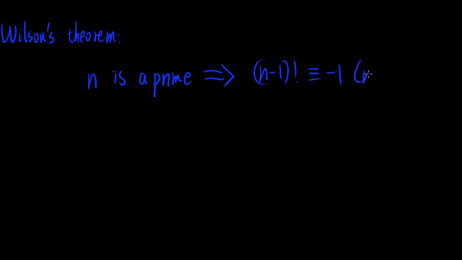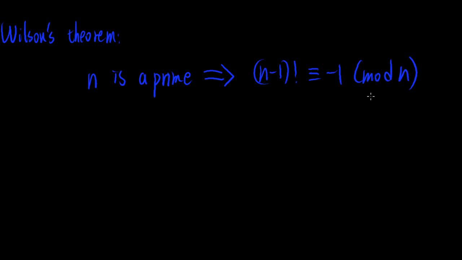If n is a prime, it's better. If n is a prime, we get n minus 1 factorial is congruent to negative 1 mod n. That is, we've proved this.